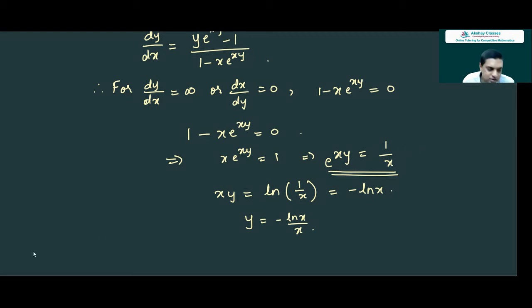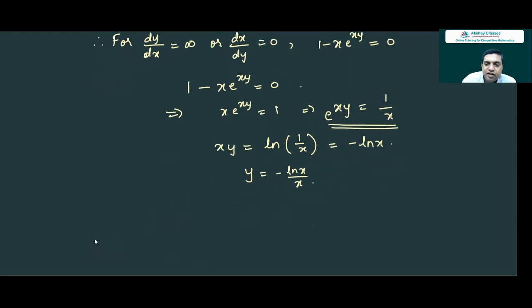So from the given options, I didn't give the options, but one of the options given is x equal to 1 and y equal to 0. When you do x equal to 1 and y equal to 0, we get this.